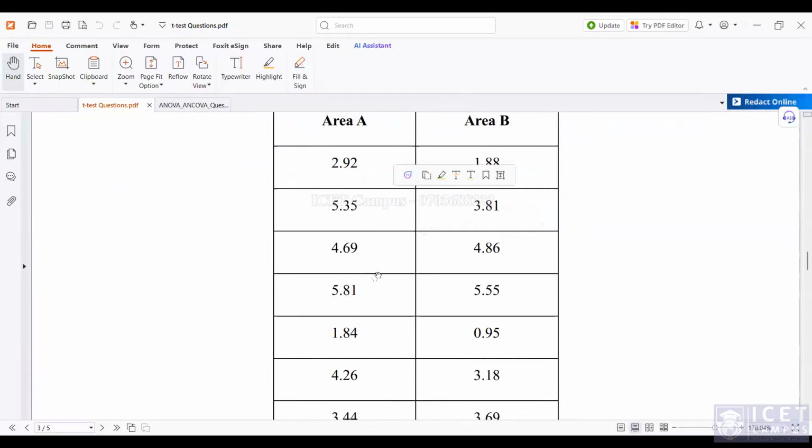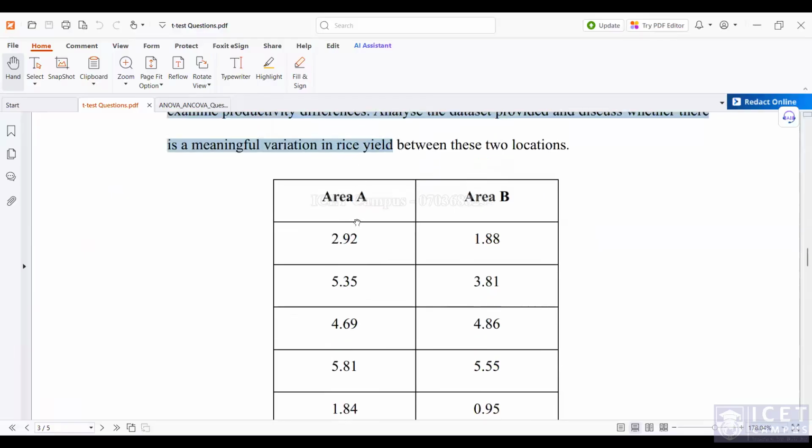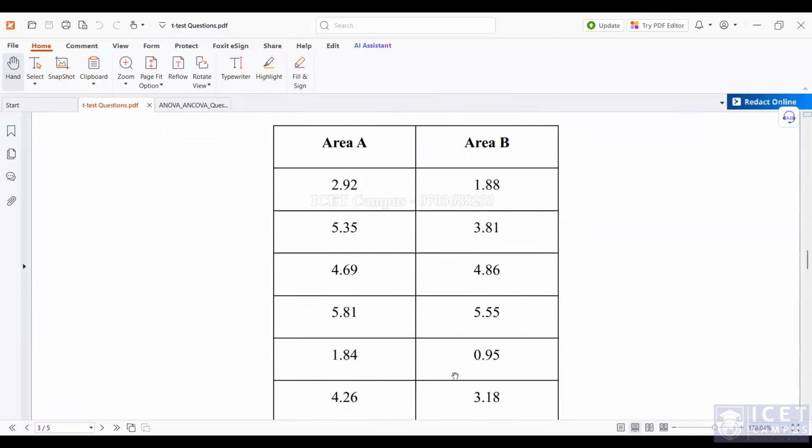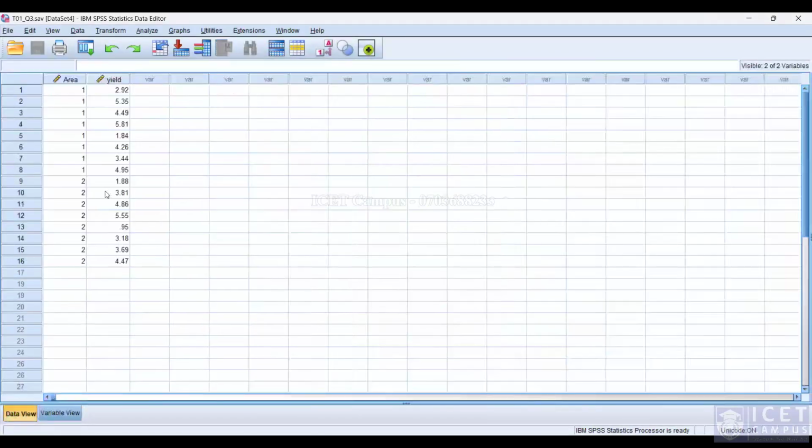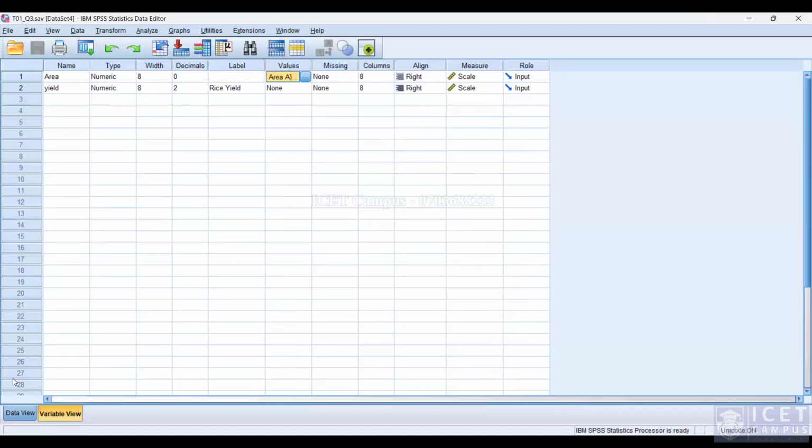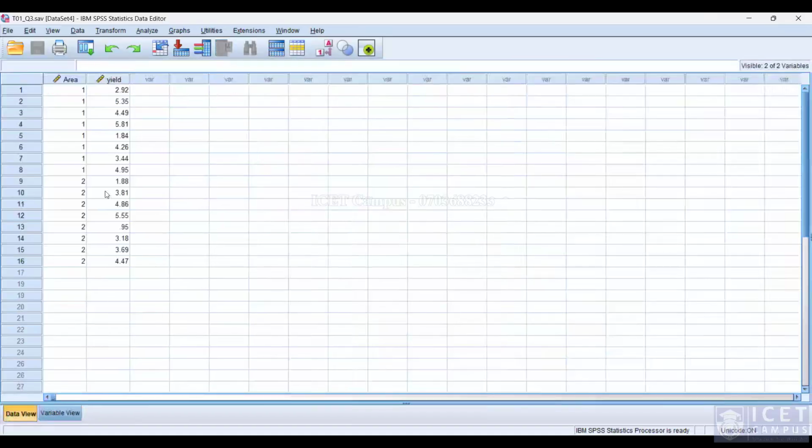Therefore, we add one column for area, with area A and B, and another for the yield. Here one is decided for area A, and two is for area B. Then we can enter the data like this.